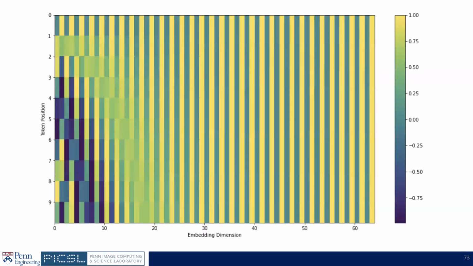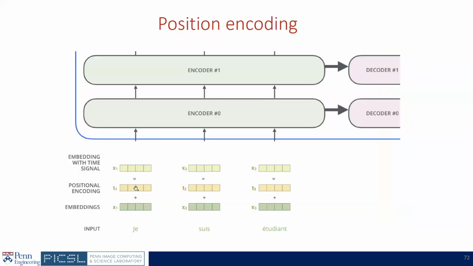So we can use something as simple as a sine function, which has some temporal degree to it, so that it tells me where in the sentence this particular word is occurring. This is a discretized sine function. At every input, I can put one of these blocks of information, concatenate it with the input information, and then send it to the encoder.